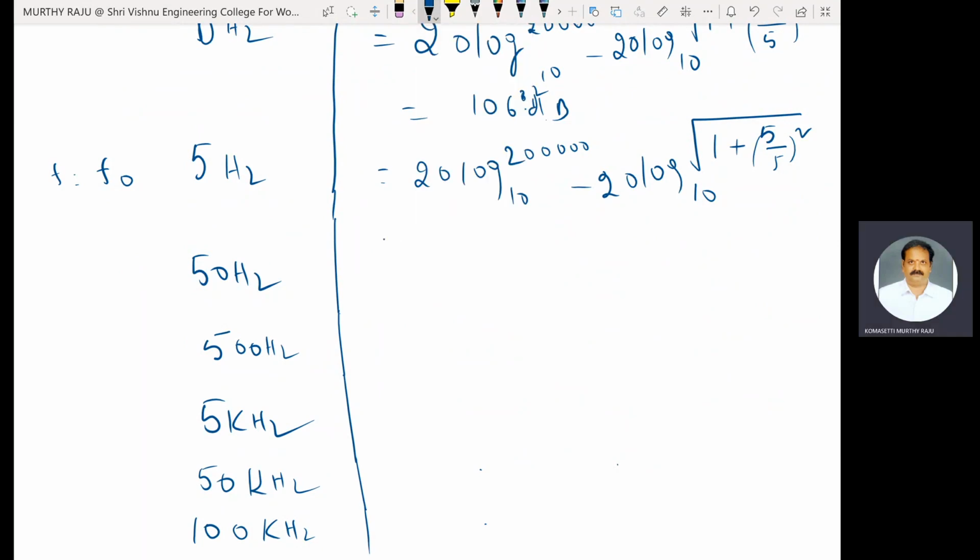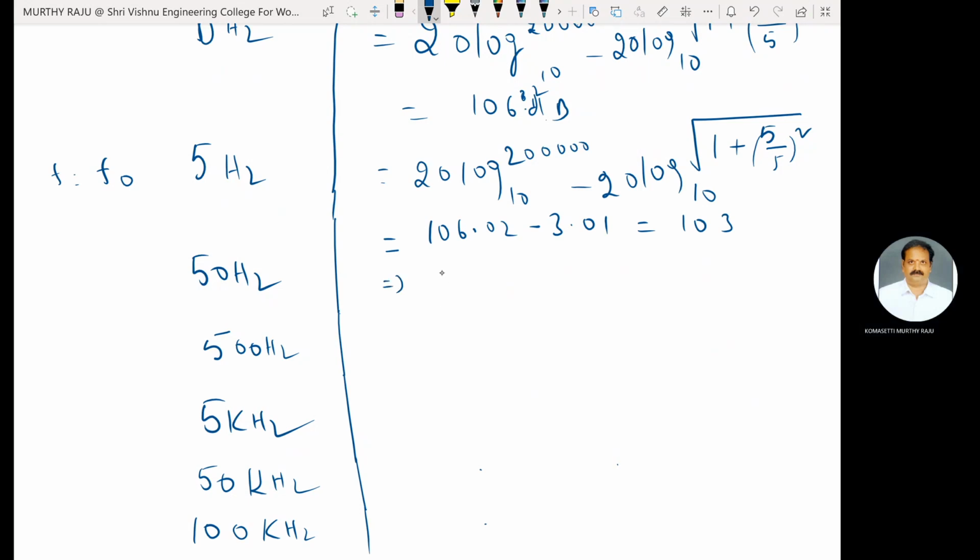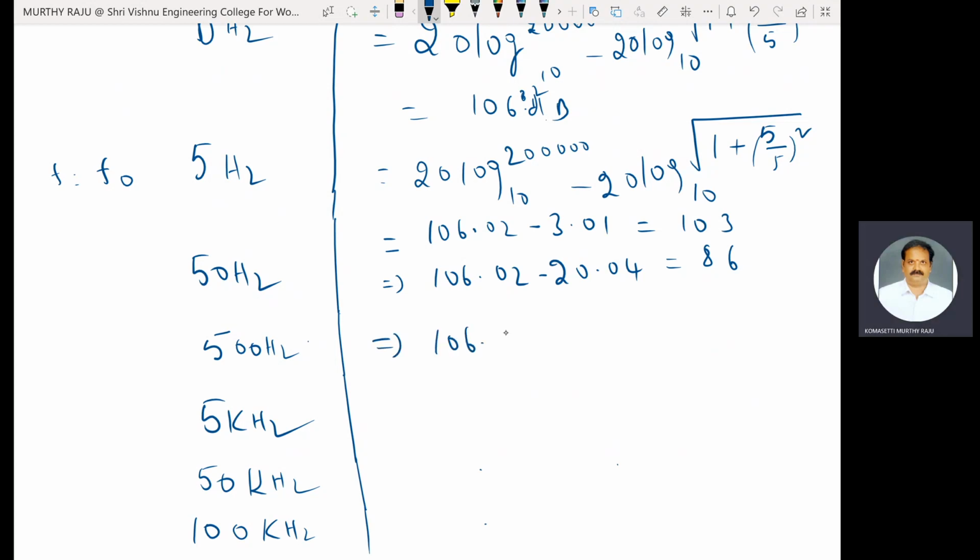At 5 Hz, the value is 106.02 minus 3.01, that is 103. At 50 Hz, substitute 50 Hz here. The value is 106.02 minus 20.04, that is equal to 86. At 500 Hz, that value is 106.02 minus 40, that is equal to 66.